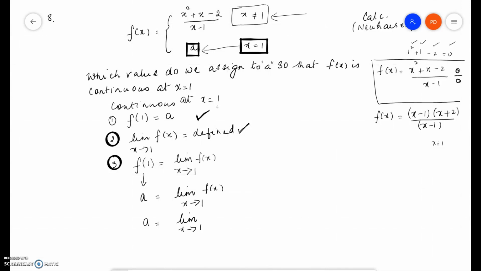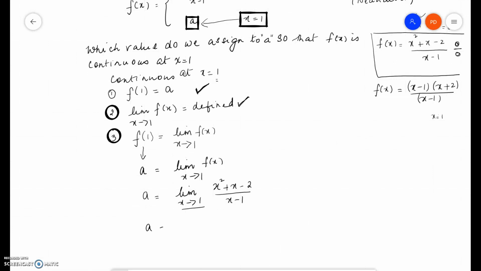When x is equal to 1, the function is a, but when x is close to 1, either from the left or from the right, we have (x squared plus x minus 2) over (x minus 1). That's exactly how the function is defined as x approaches 1 from either direction.